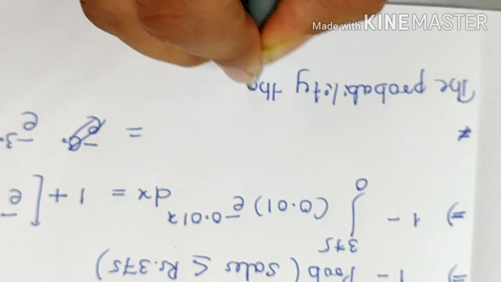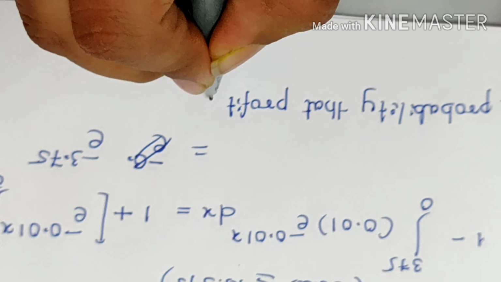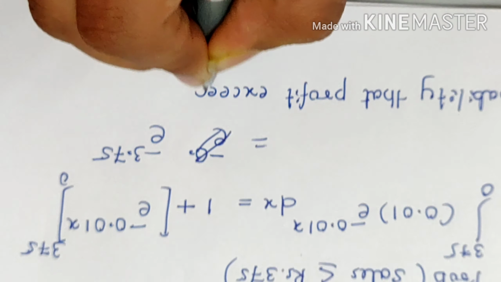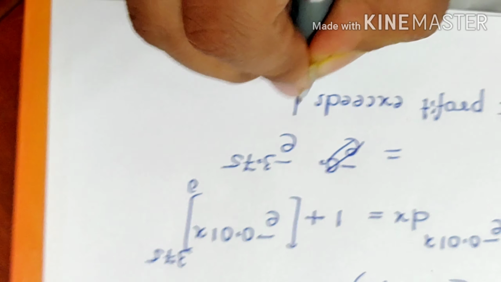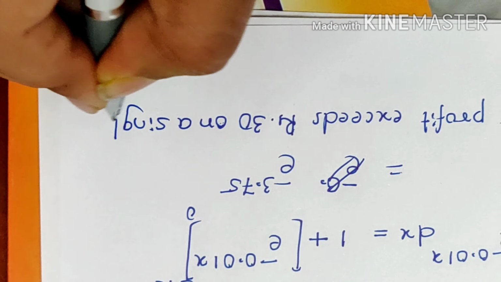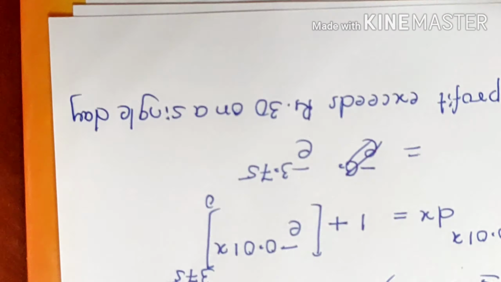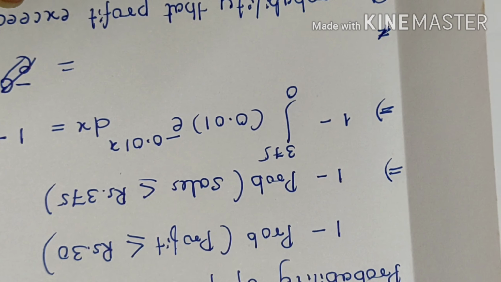So the probability that profit exceeds rupees 30 on a single day is e raised to minus 3.75. Then we need to find it for 2 consecutive days.